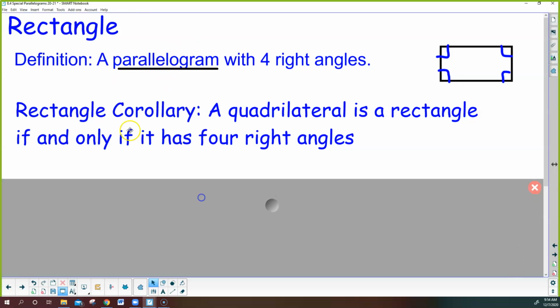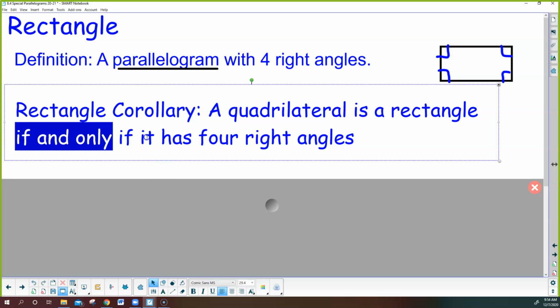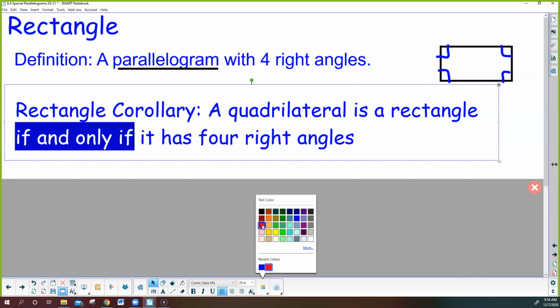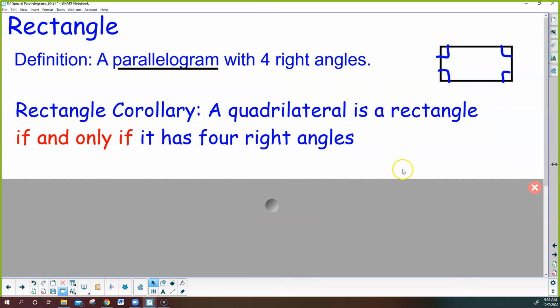Okay, now we have a corollary, which is just basically kind of an extension of the definition. A quadrilateral is a rectangle if and only if it has 4 right angles. You don't have to write this down. I do want to point out this word if and only if. A lot of times in math, we look for symbols to abbreviate things.